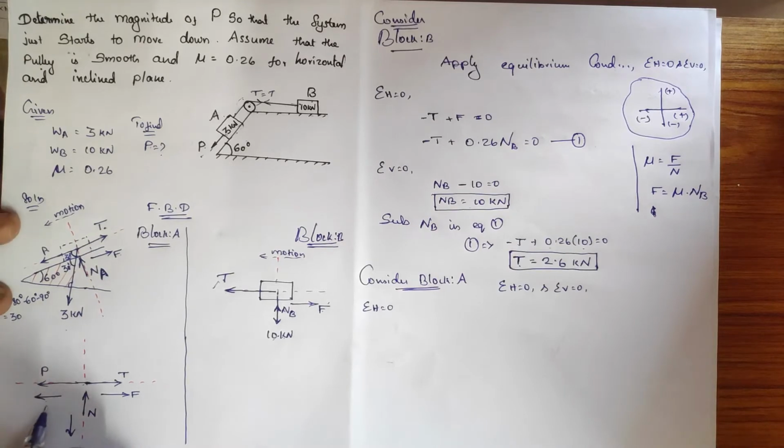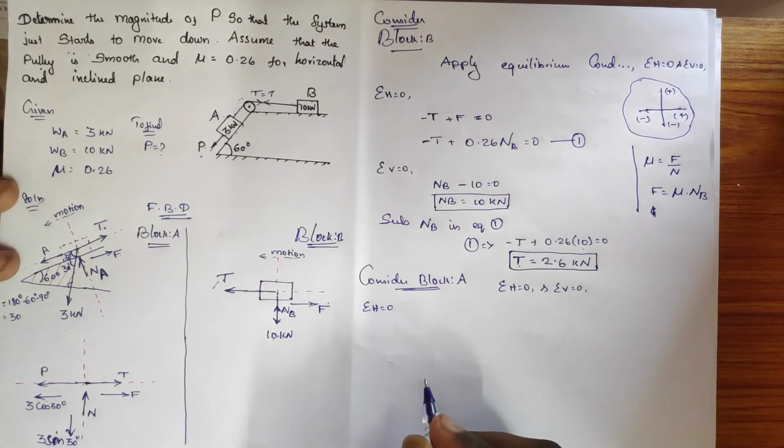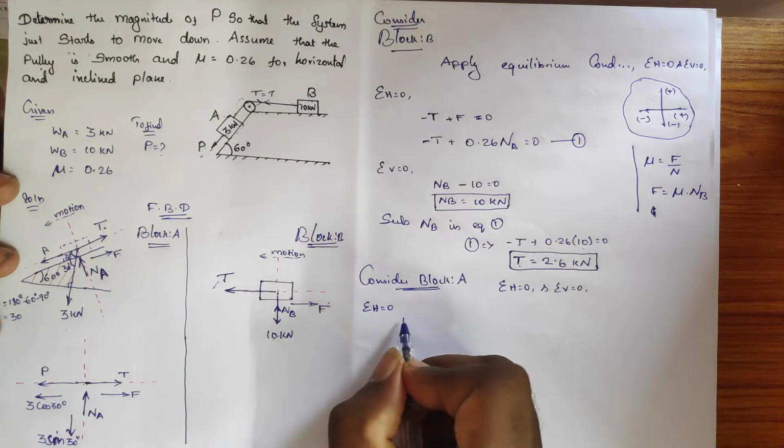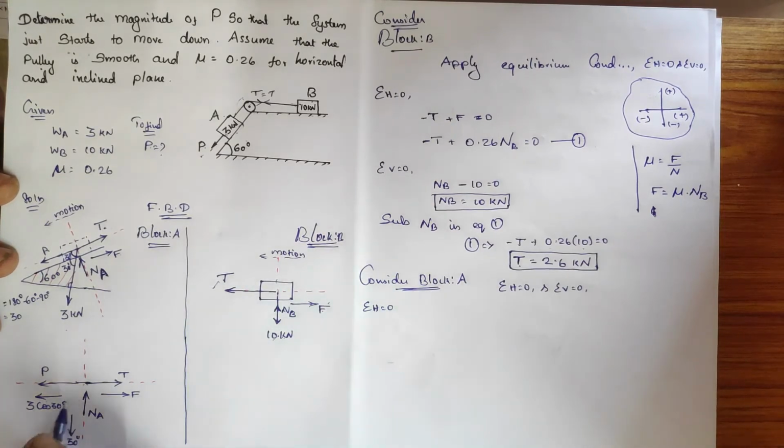So here the magnitude will be 3 cos 30 degree. Here 3 sine, it's a vertical one, so sine 30 degree. That's all. Now if you calculate it, sum of horizontal force is equal to 0.